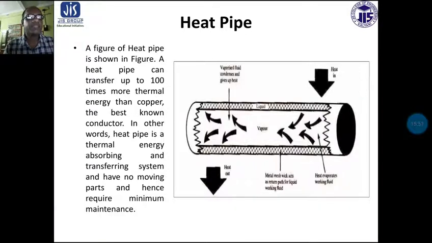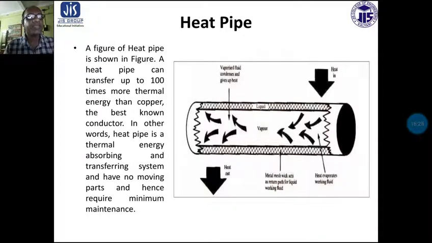Thermal energy applied to the external surface of the heat pipe causes the working fluid near the surface to evaporate instantaneously. The vapor thus formed absorbs the latent heat of vaporization, and this part of the heat pipe becomes the evaporator region.